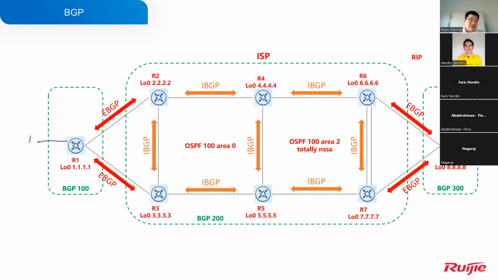For example, the route 11.11.11.11/32: if I want to transmit this route to R8, based on the BGP peers in this figure, can we transmit it from R1 to R8?